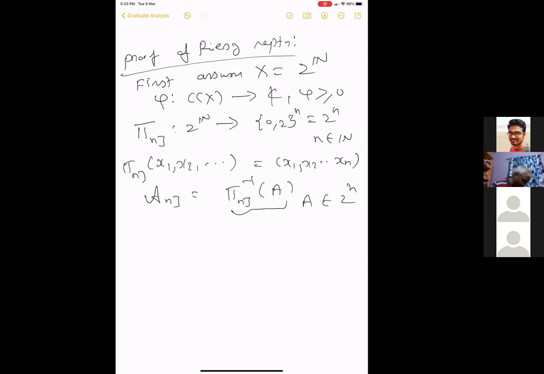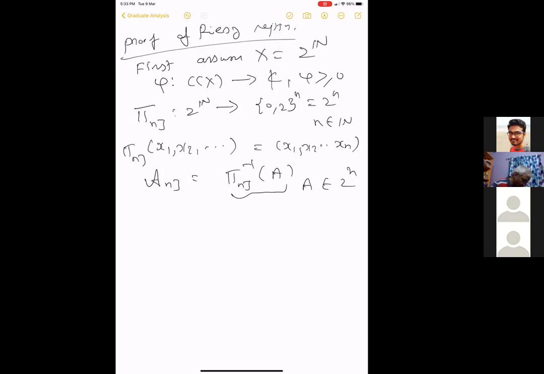Now take A equal to the increasing union over n of the sets A_n.